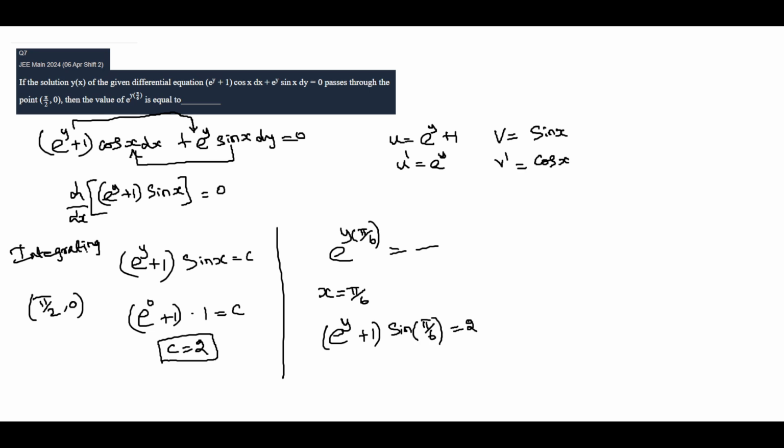The sin pi by 6 value is 1 by 2. So if you change the side, it will be 2 into 2. So e power y equal to 3 is the answer. So the answer is 3. Next question.